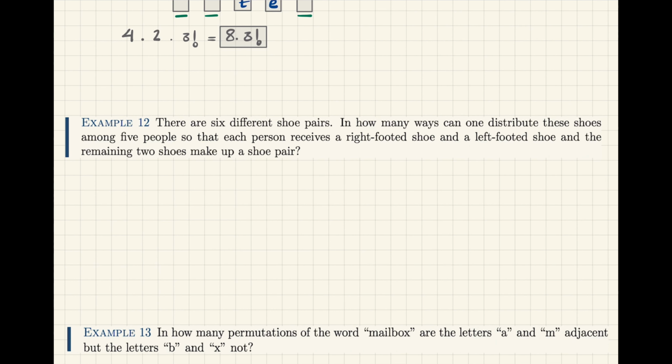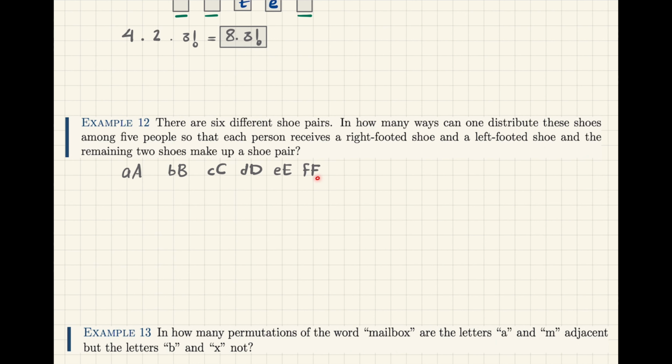So for example, assume that I write a and A. For a small letter, I'm assuming that this is the left-footed shoe and the capital letter is the right-footed shoe. And when you see the same letter, it means that that is actually a shoe pair. And then the next pair, let me write it b and B, c and C, d and D, e and E, and finally f and F.